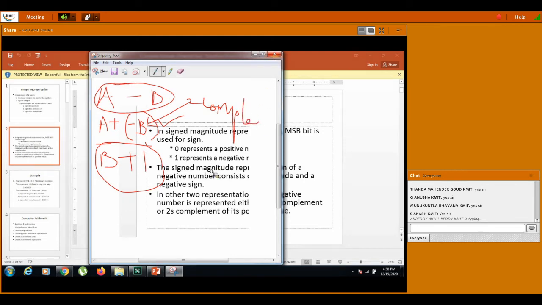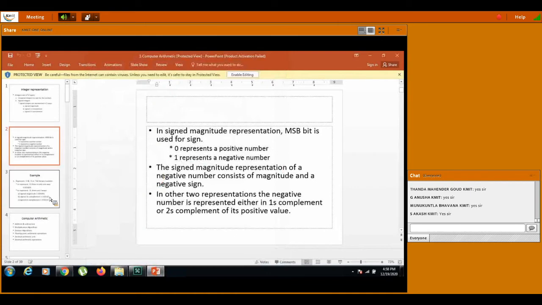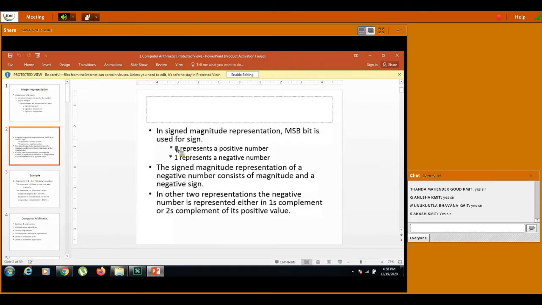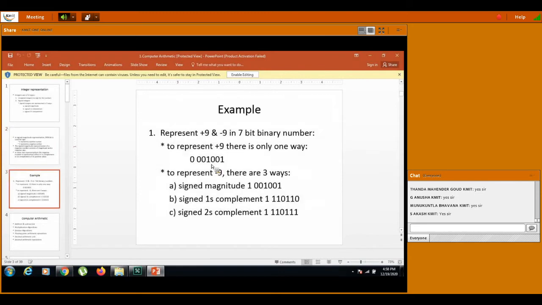Example: if you want to represent +9 and -9 in a 7-bit binary number, please note this. If 0 is the most significant bit, it is a positive number. Now how can we say that this is 9?